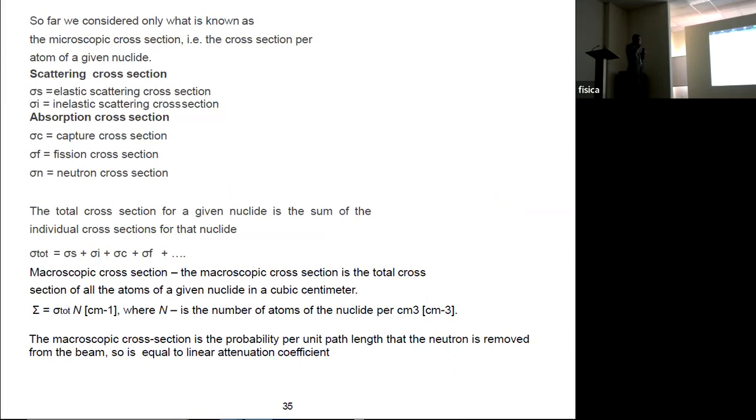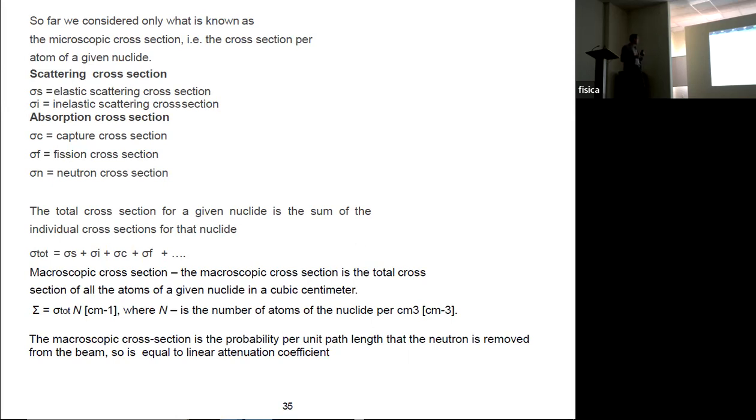And if we summarize all the possibilities for neutrons, a neutron can scatter or get absorbed. There are many ways of doing this. That's the same as for gamma rays. You have a total cross section, which really is the sum of all cross sections for the possible ways of interaction.